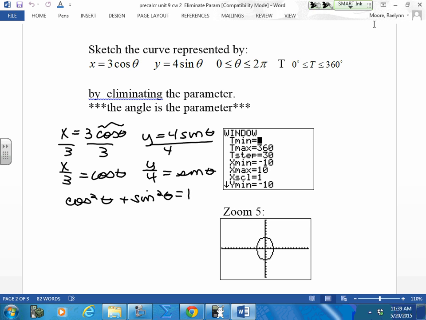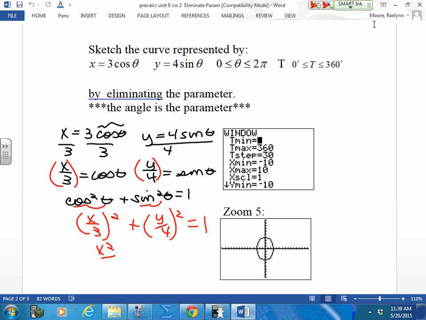So we're going to substitute this in place of this, but we have to square it. We're going to substitute this in place of this, but we also have to square it. And you can see what's happening. We're going to get x squared over 9 plus y squared over 16 equals 1.